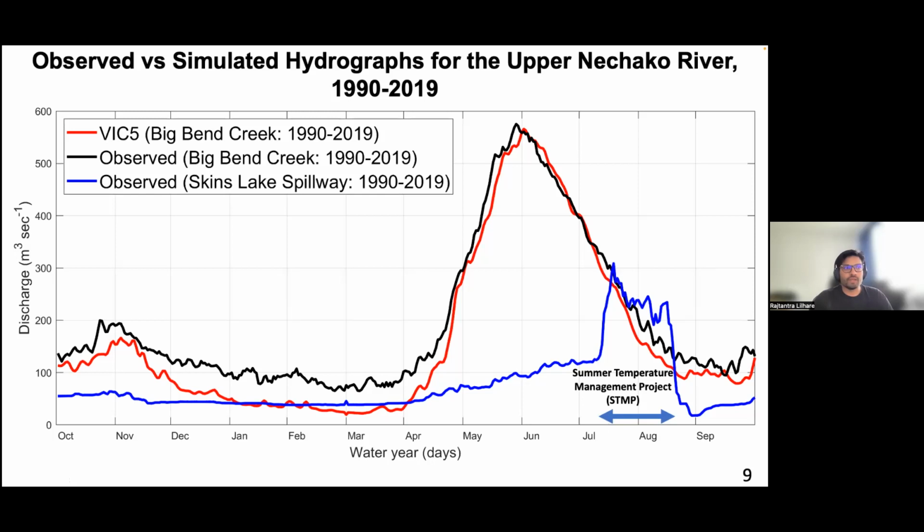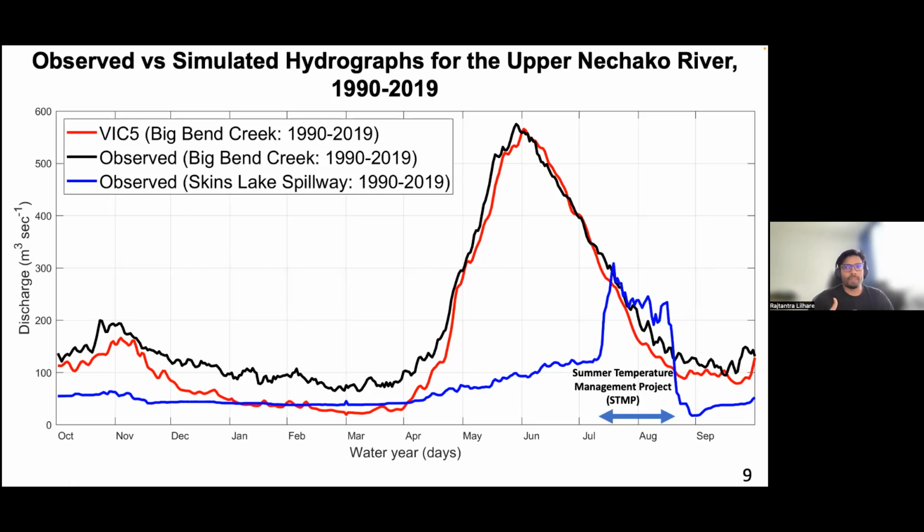This is the summer temperature management project, which operates from July 10 to August 20 with the goal of managing water temperature in the Nechako River at Vanderhoof between July 20 and August 20, so that they can protect the fish habitats.